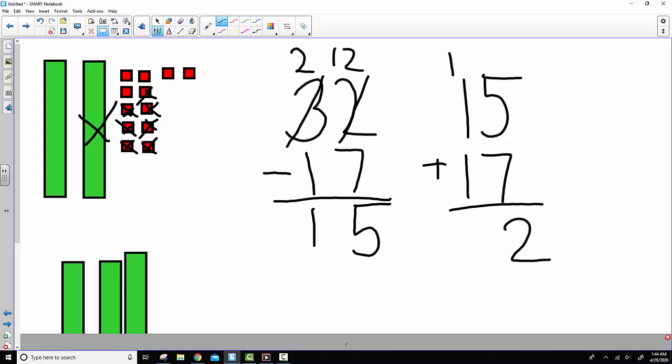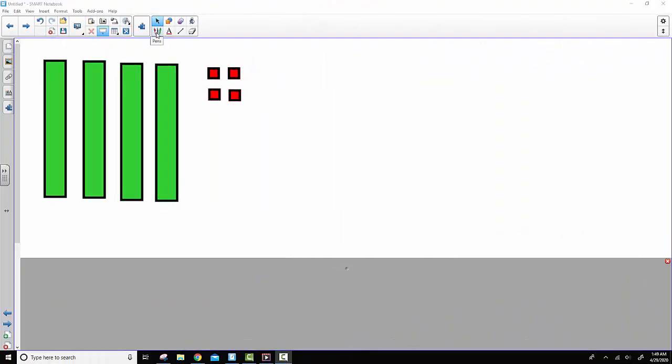Regroup the 1. 1 plus 1 plus 1 would be 3 tens. So 32 is what we started with in the minuend position. The answer is correct. Let's try another example.